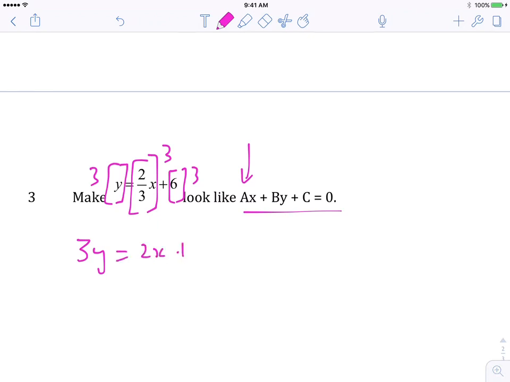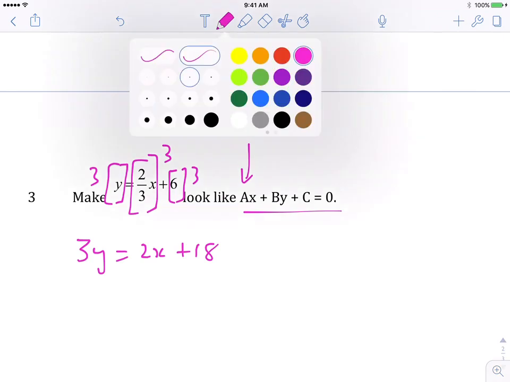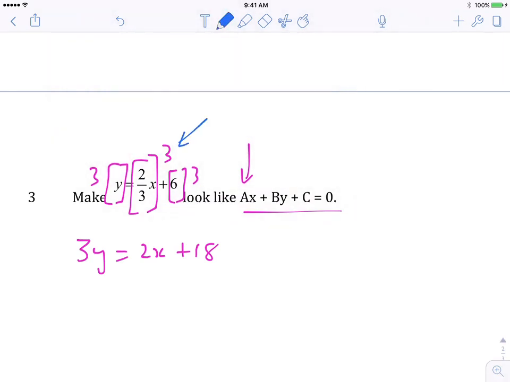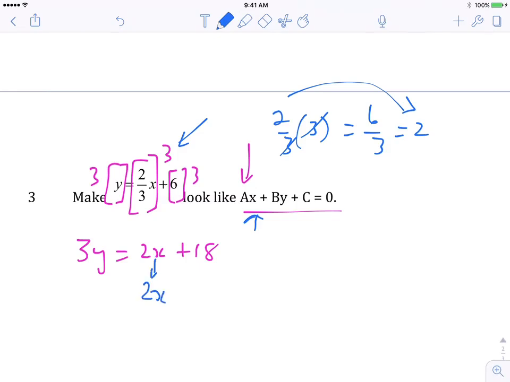2x plus 18. The reason is that 2/3 times 3 is 6 over 3, which is 2. In essence, the 3s just cancel out, and that's how we're left with the 2. Now we have 3y equals 2x plus 18. This tells us we want the numerical coefficient and the variable x first, and we have that here: 2x. Then I want the plus something y to go next.